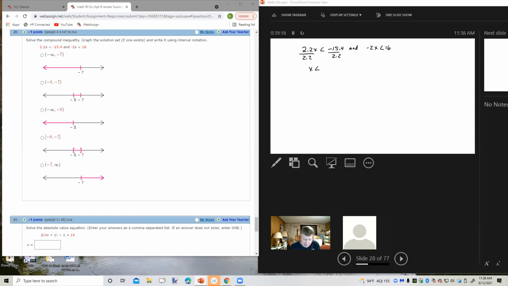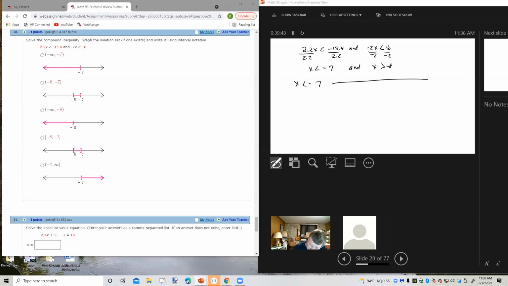So x is less than -15.4 divided by 2.2, which is -7. And this was going to be x and then -8, but we're going to change the direction of the inequality sign because we divided by a negative number, okay?